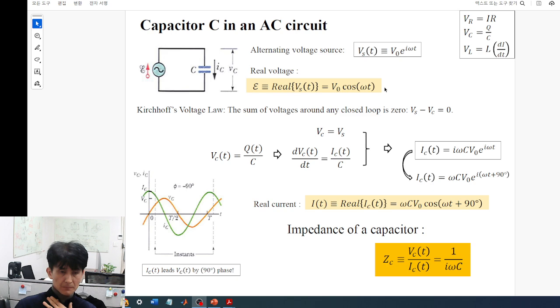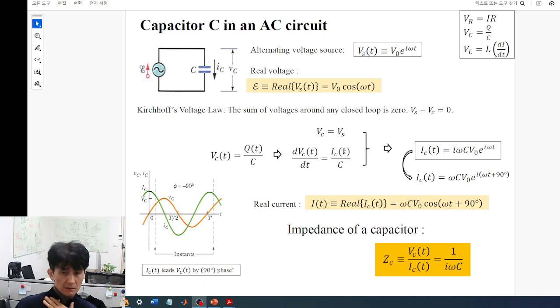And with a simple relation between voltage and the charge, we have this relation. And if we take the derivative of this equation on both sides, then we have dV over dt. That's the derivative of the voltage across a capacitor becomes the derivative of charge, which is I, so it becomes I.